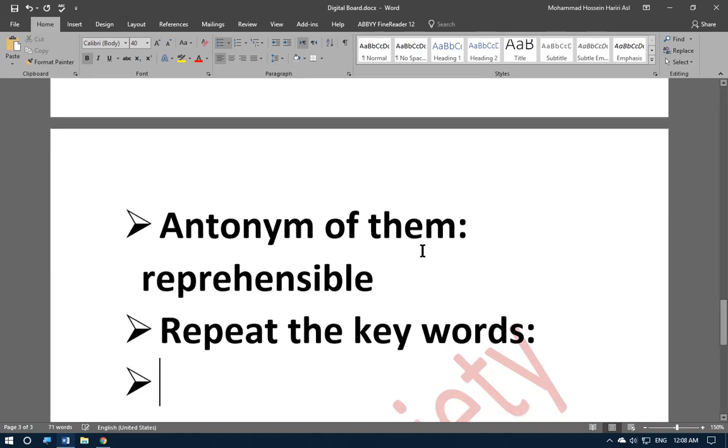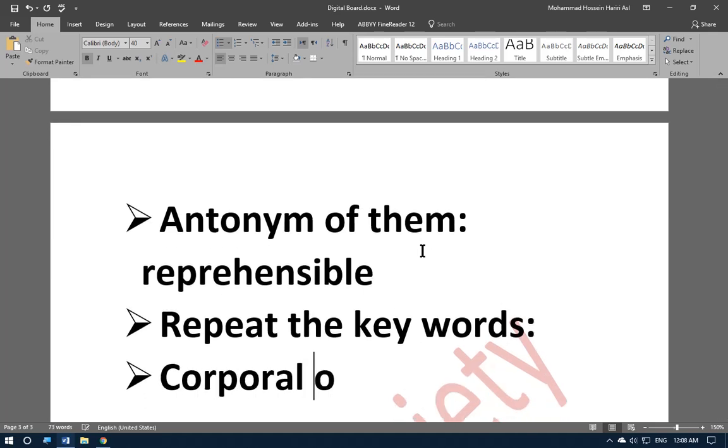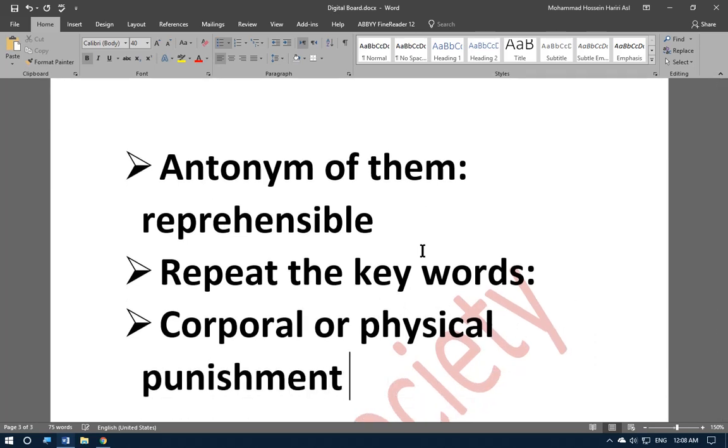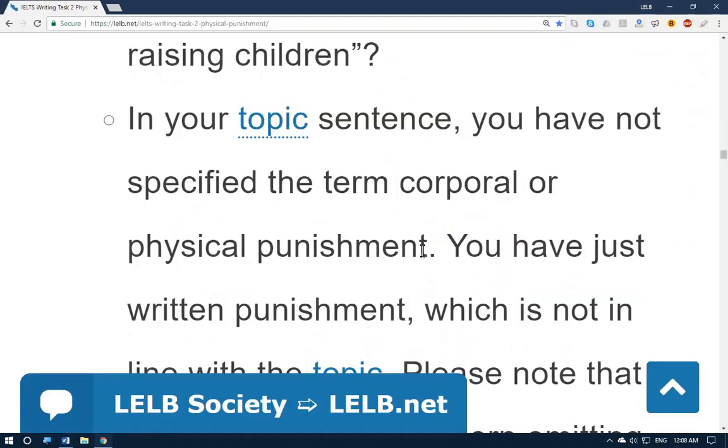And here, corporal or physical punishment is the key word, but the essayist has not mentioned it at all, which is a major mistake.